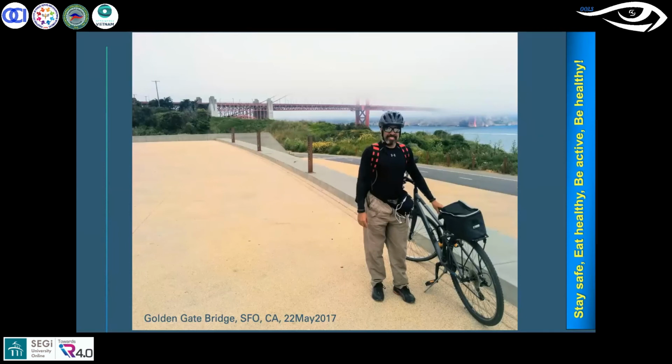That's not going to happen, because whatever your genome is, it will try to hold you on the healthy side. The epigenome, the transcriptome, everything will try its best to hold you. But once you cross 40 years, it will start to lose its power. So be active, eat healthy food, and stay safe, which is very important.